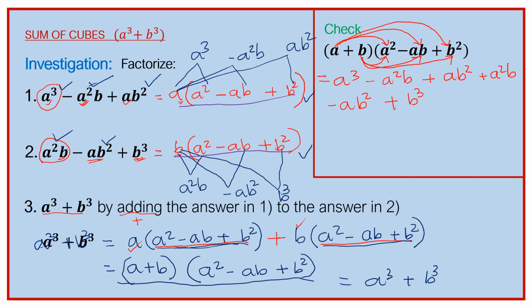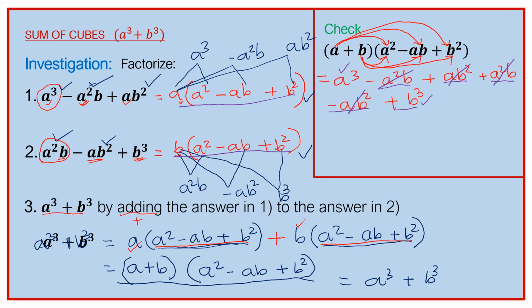And by doing that, we see that minus a squared b plus a squared b, this will give us 0. Then plus ab squared minus ab squared, this will give us 0. So we remain with a cubed plus b cubed.